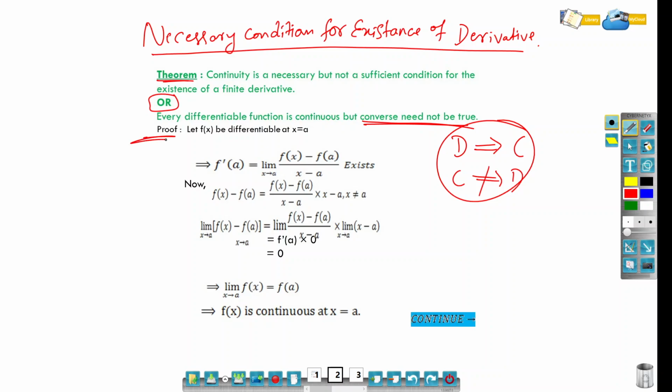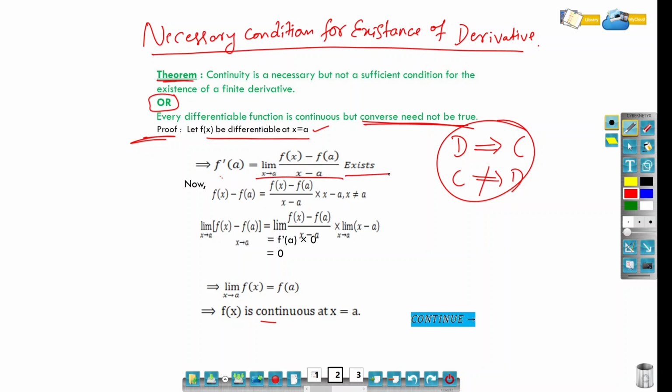Now we need to prove this theorem. Let f of x be differentiable at x equals a. We are considering the function is differentiable, and we need to show that the function is continuous. Now f dash of a is equal to, by definition, limit of f of x minus f of a divided by x minus a exists.